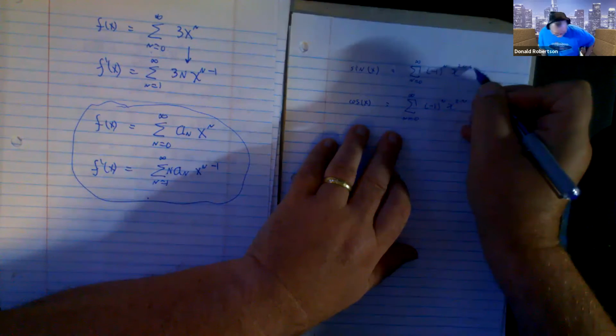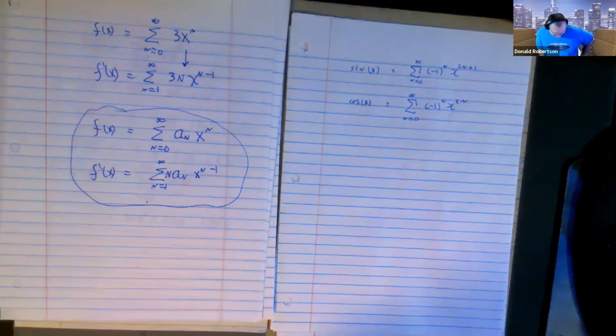And the power series for the sine function is that. I'm just telling you that, but you'll get to prove it in a later section. Isn't that kind of interesting that the sine and cosine functions are power series?